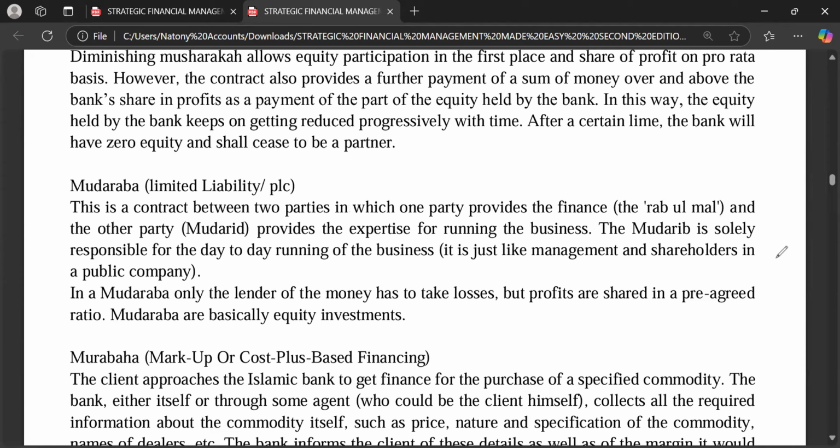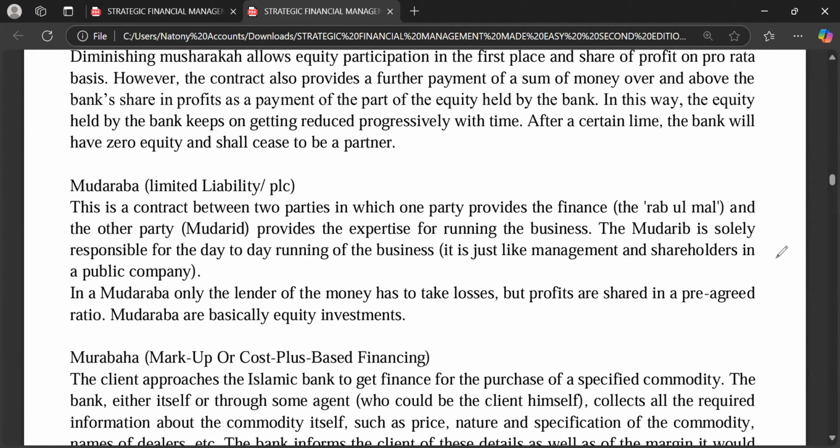The losses will be shared solely by the financier. It's just like a limited liability company. Workers in the company, even if there is loss, are going to be paid. But it is the shareholders that take the burden if there's going to be any loss. But profits are to be shared in accordance with a pre-agreed ratio.